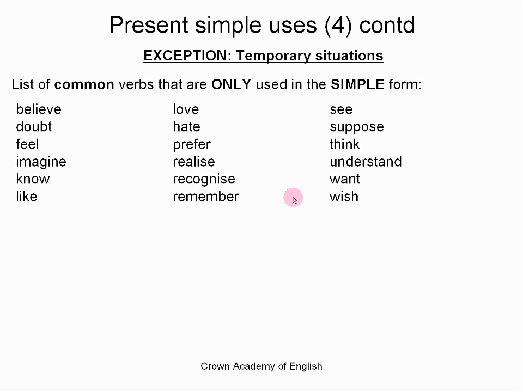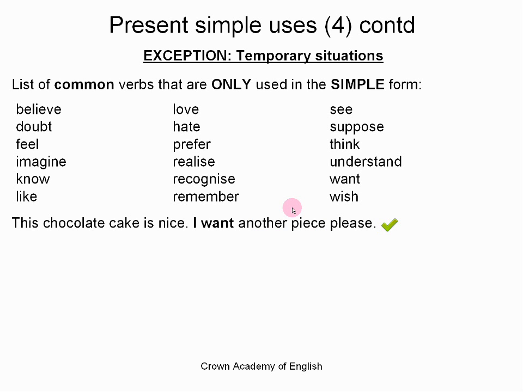Okay. So, for example, let me give you a couple of examples, and I'm sure you'll understand. So we would say, this chocolate cake is nice. I want another piece, please. Now, although this is happening now and it's a temporary situation, we're not expressing a fact here.